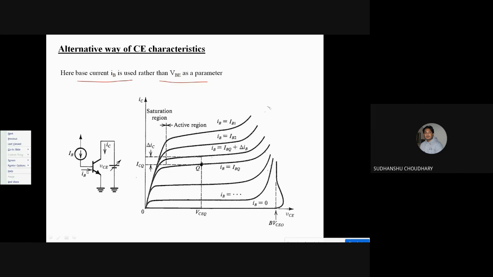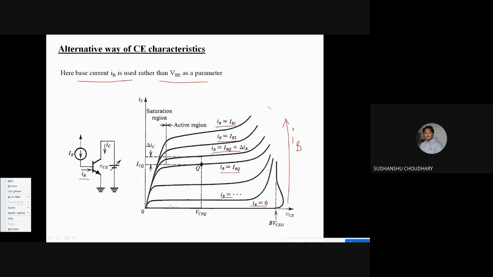As this IB, that is base current, varies, the collector current will also vary. For example, the different IV characteristics which you see here are for varying base current values. Here the base current is 0 and then the base current is increasing. With increasing base current levels, you see the changes in the collector current levels also.